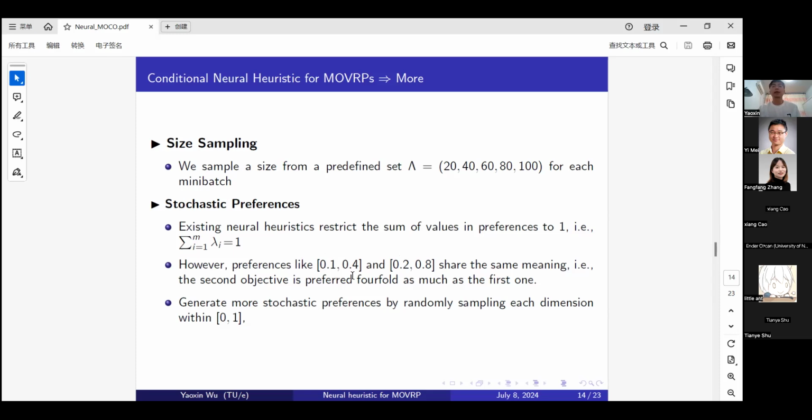But as the input to the neural network, we make this preference more random and give up this sum 1 constraint. It seems like we are doing some data augmentation for the preference, and we also find this simple change brings a lot of improvement.